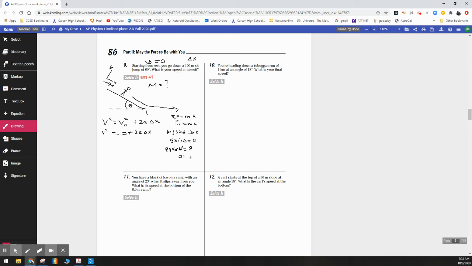I have here 9.8 times the sine of 60, which should be 8.5, we'll round to the nearest tenth. 8.5 meters per second squared. Now again, there's no friction, so it's close to 9.8. But you're accelerating pretty fast.